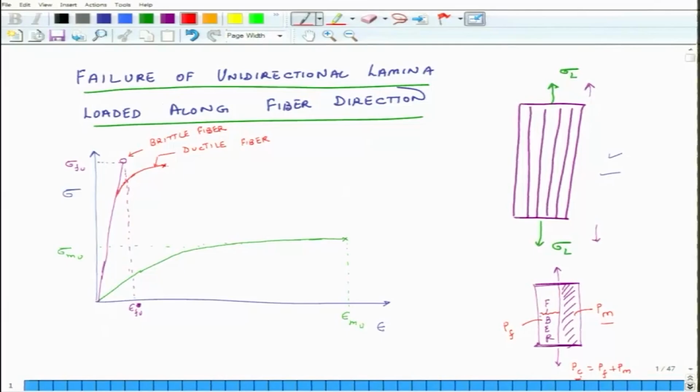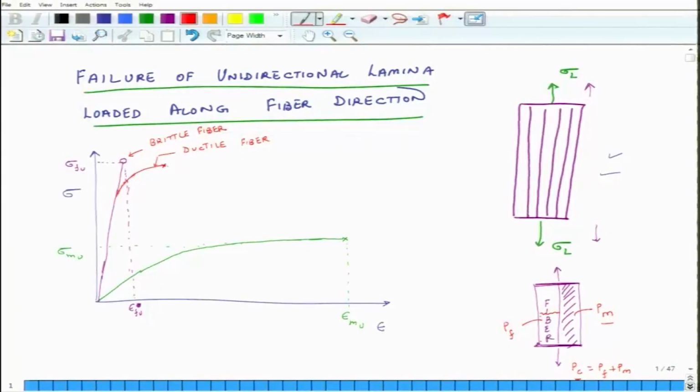But I am still applying the same amount of load. Suppose I have applied 200 kilograms of load on a piece of material, that 200 kilograms is still there, that is Pc. So, where does all that load go? This Pf, all of a sudden once the fiber fails, becomes 0, and all that extra load is shared by Pm. Now, it depends.